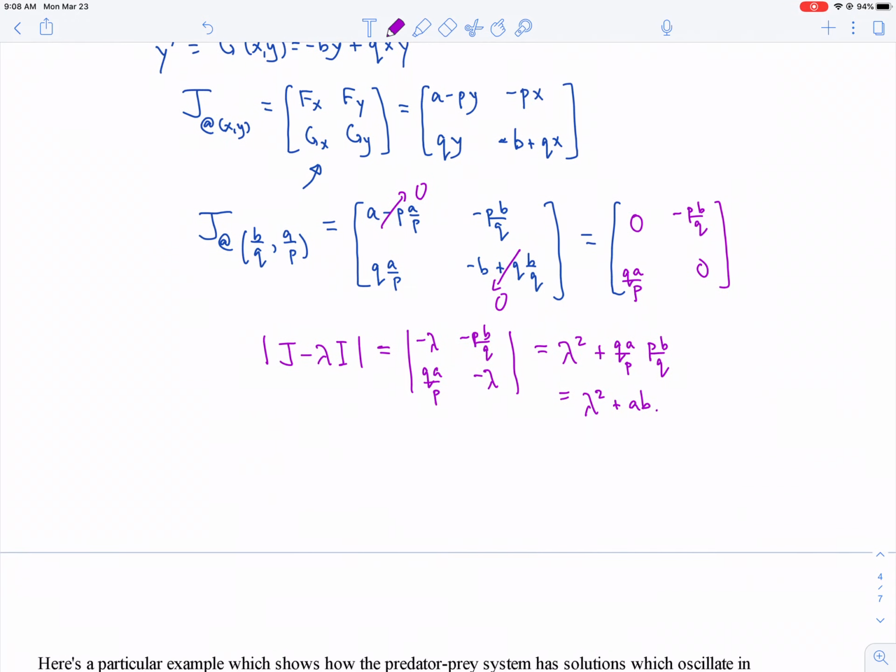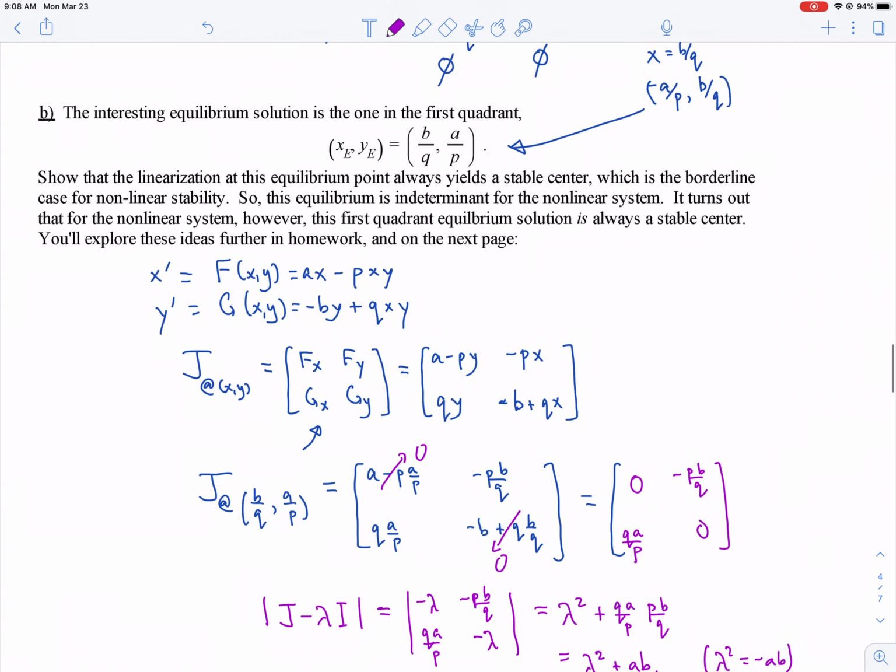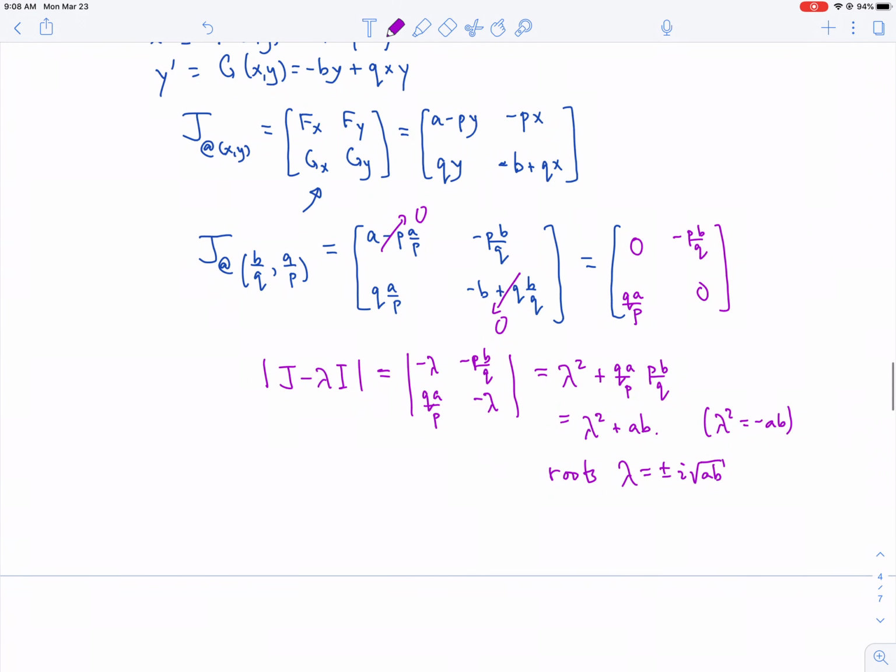So the roots are lambda equals plus or minus i. So lambda squared is minus ab. The roots are lambda equals plus or minus i times root ab. Remember, all of the constant parameters in this problem are positive.